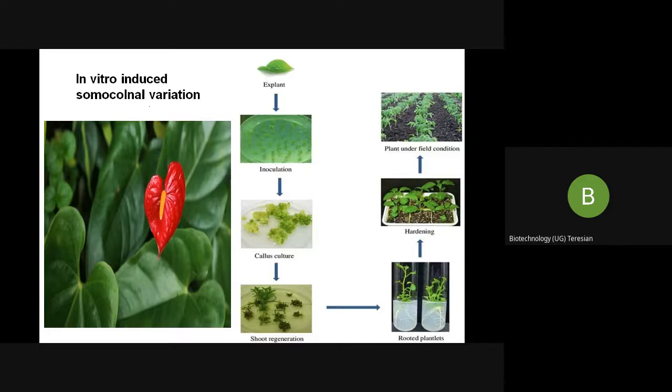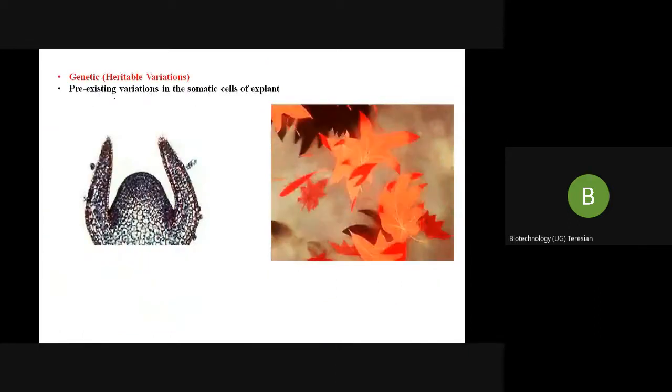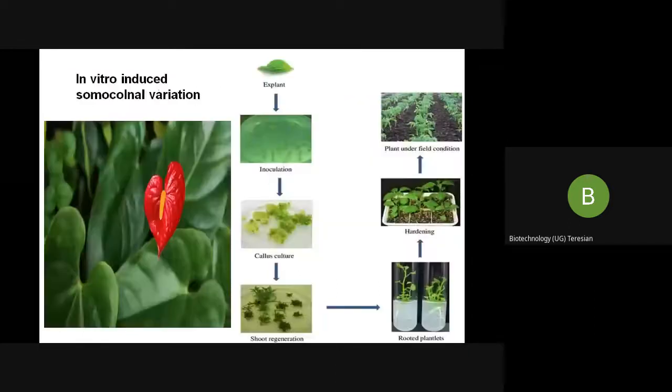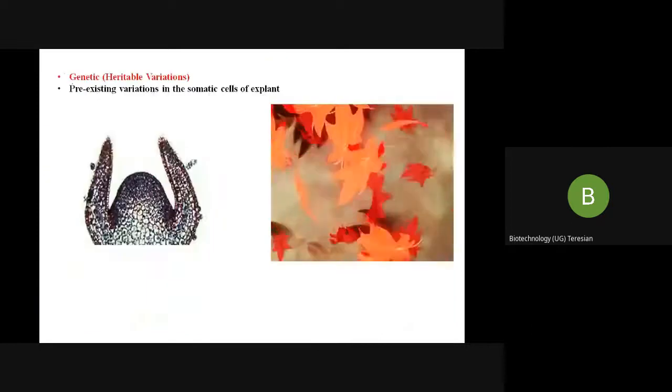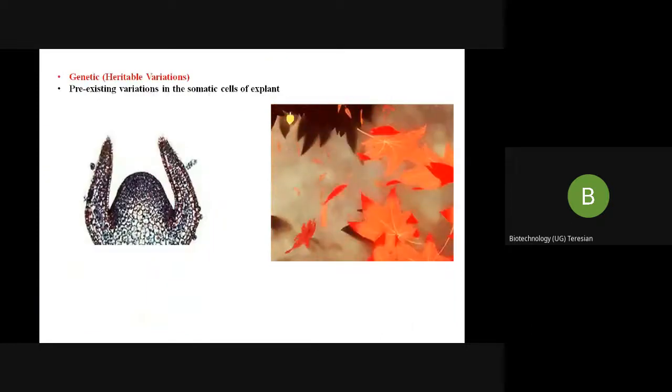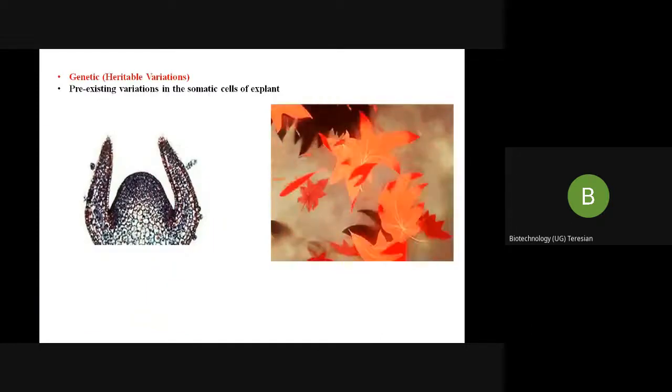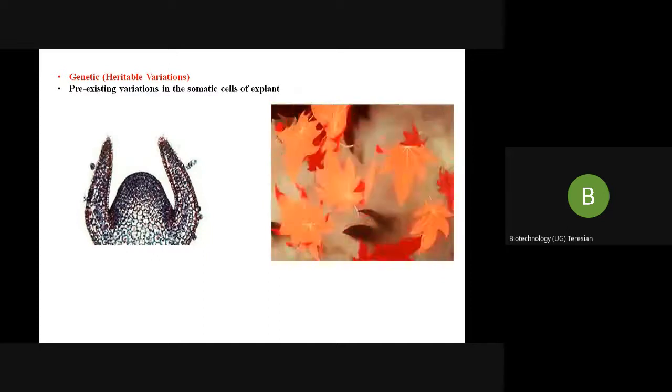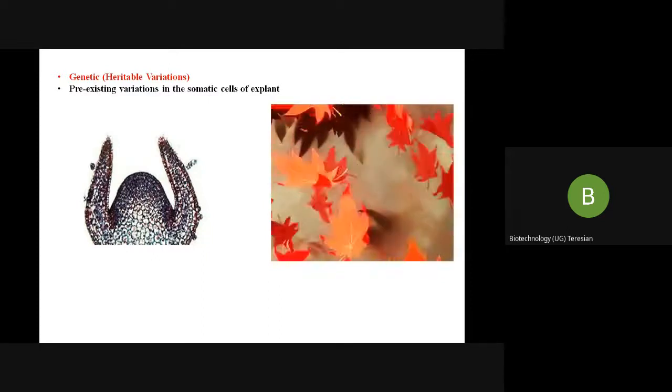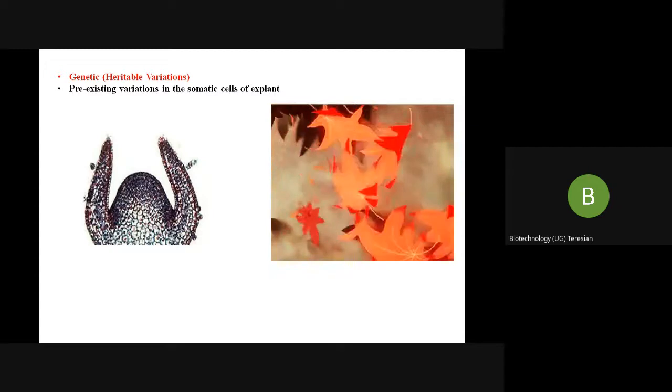So one is the pre-existing variation, another is the in vitro induced. Whenever it comes to in vitro, your mind should immediately go to the lab. You are doing everything under lab conditions. So it is grouped into two categories: the pre-existing variability, and the second is the in vitro induced variability.